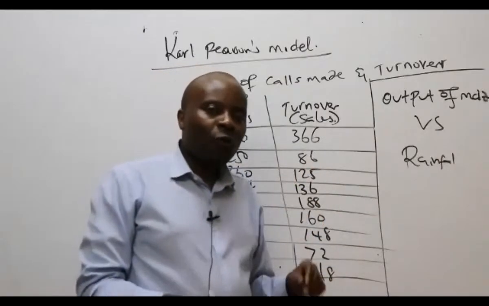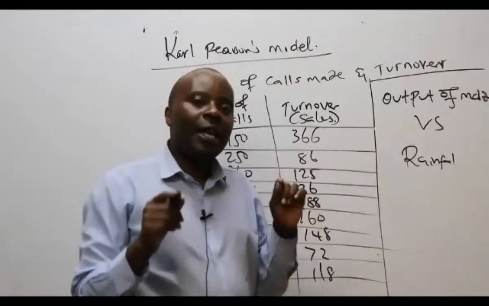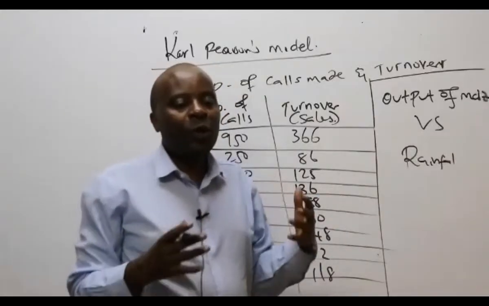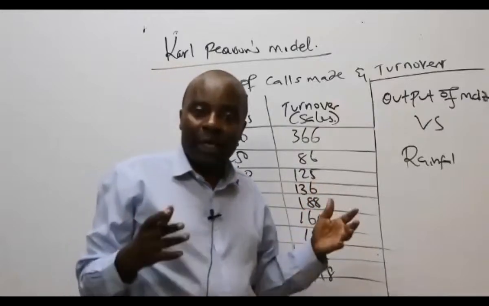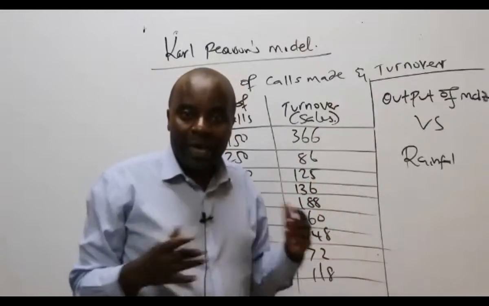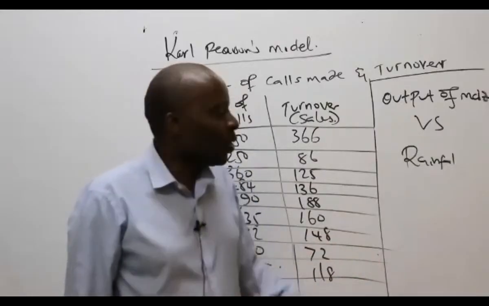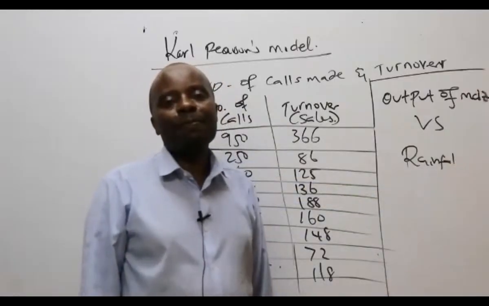The output of maize that you're going to have in a particular season depends on rainfall. Ladies and gentlemen, the amount of rainfall we're going to receive is an act of God. Whether you plant maize or cassava or grass or nothing, if rainfall is to be there, it has to be there. So rainfall is what here is independent.